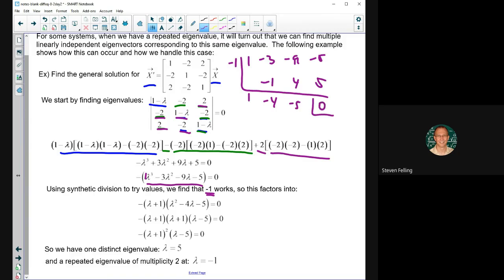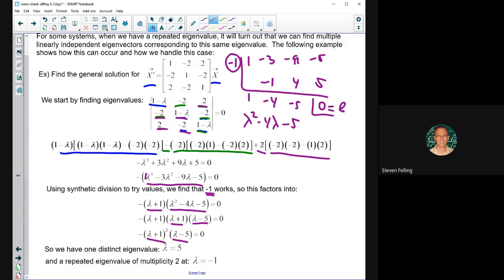This gives us a remainder of 0, and that leaves the equation lambda squared minus 4 lambda minus 5. So -1 works as a zero, and we can factor out lambda plus 1, and what is left is lambda squared minus 4 lambda minus 5, which further factors into lambda plus 1 times lambda minus 5. So in the end, we have lambda plus 1 squared times lambda minus 5.